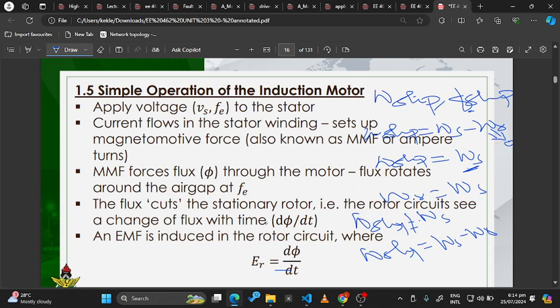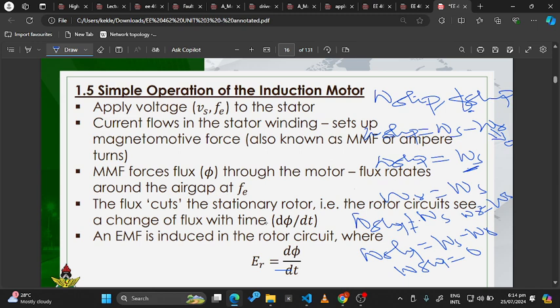As the rotor accelerates, the relative speed that the rotor is seeing is reducing. If the rotor accelerates to a speed equal to omega s, then the omega slip that the rotor sees will be equal to zero.